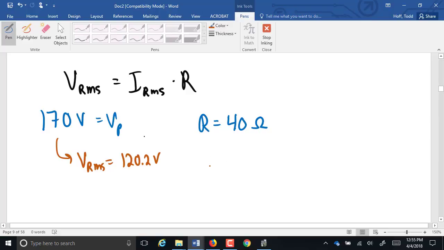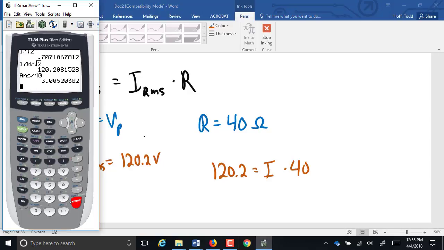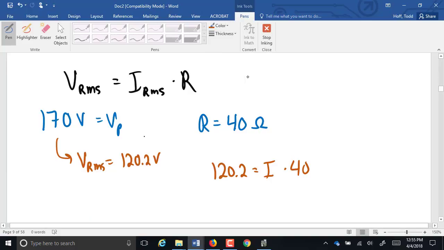So we're going to put in 120.2 volts equals I RMS times that 40. We take the 120.2 divided by 40, 3.005 amps is my RMS current.